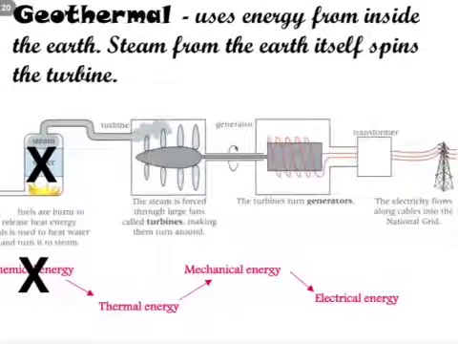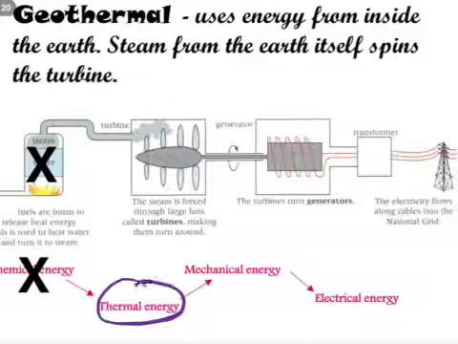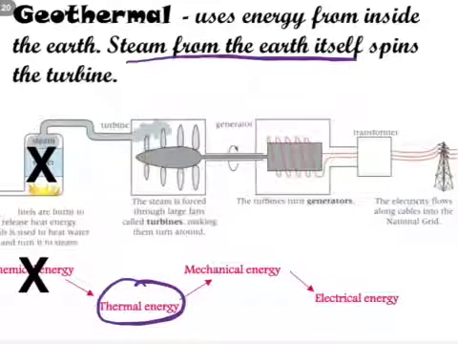The next renewable resource I wanted to talk to you about is geothermal energy. And this one's quite unique. Once again, we're using thermal energy, and we're going to spin a turbine with it. But this time, you're using water that's already hot. It's steam from the earth itself. So in areas where there is volcanic activity, a lot of times water sources nearby are very hot due to the underlying magma that's just real close to the surface.